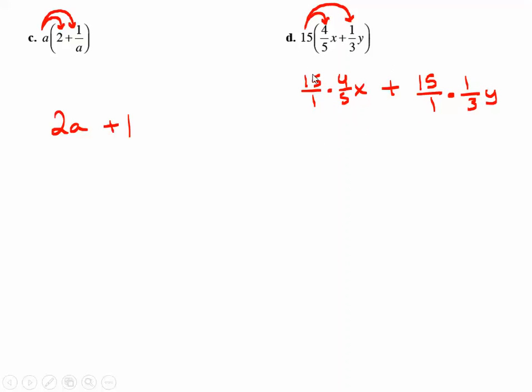Then again, start simplifying as far as we can. So 5 and 15 become a 1 and a 3. 3 and 15 become a 5 and a 1. Putting it all together, this becomes 3 times 4 times x, or 12x. This is 5 times 1 times y, or 5y.